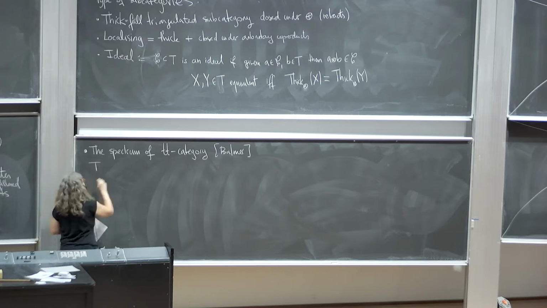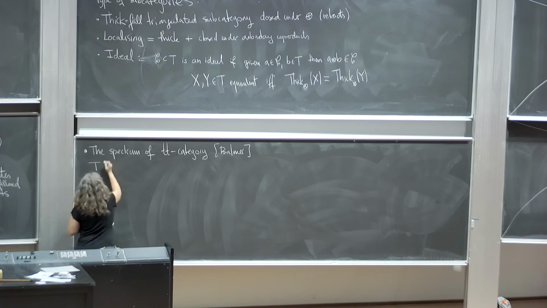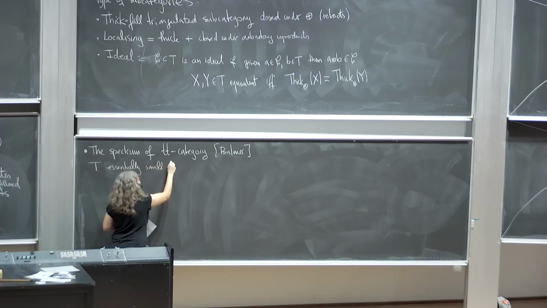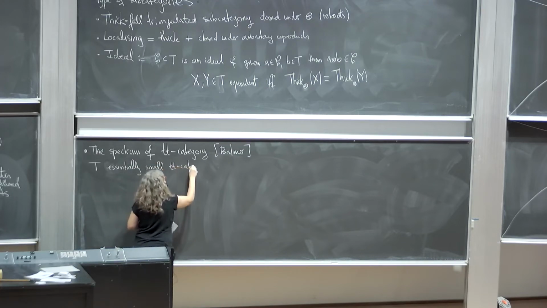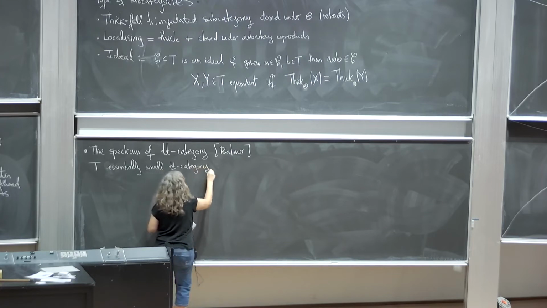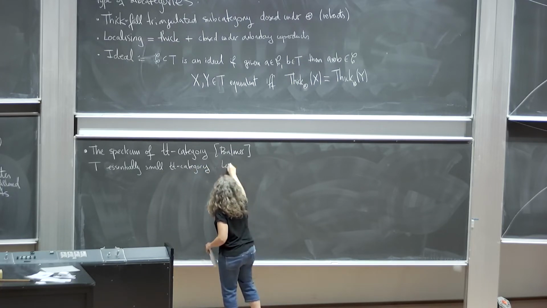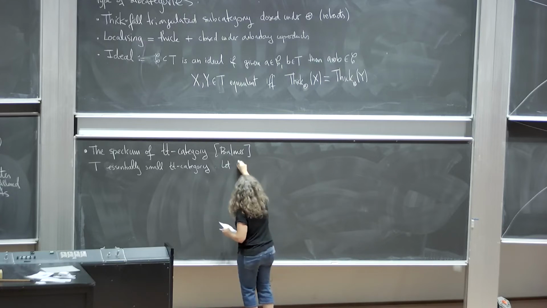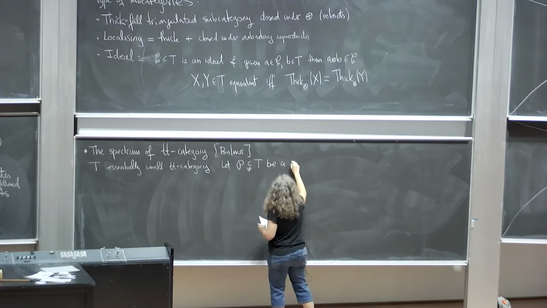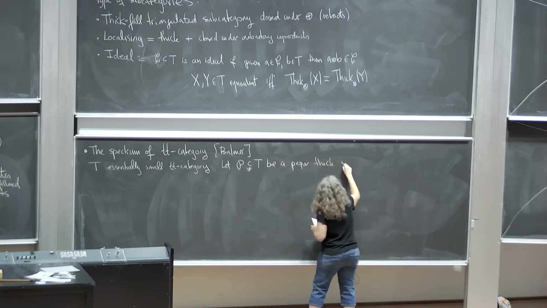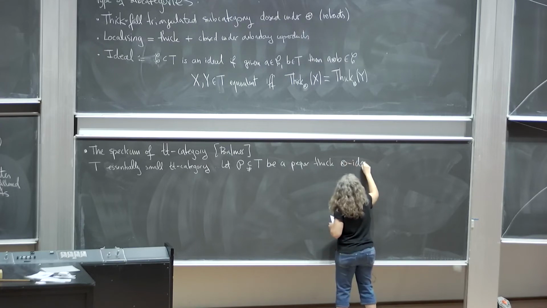So we start with a TT category, which is essentially small. T is an essentially small TT category, and let P inside T be a proper thick tensor ideal.